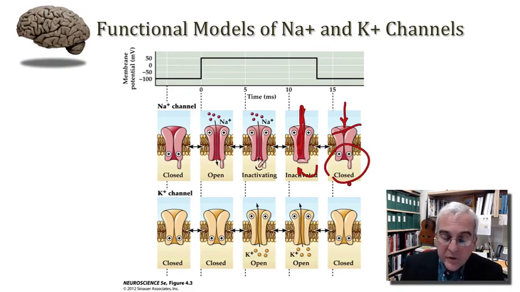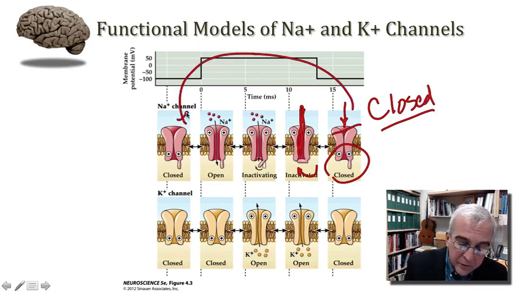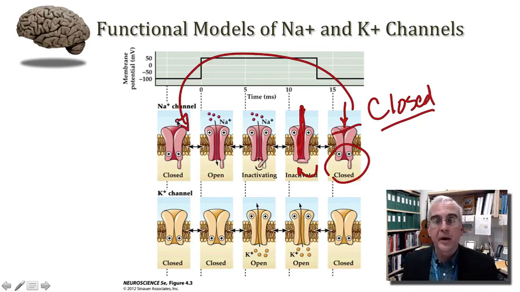So when the channel for sodium is back to its closed state, we are now outside of the absolute refractory period. It's possible for this channel to open up again. That is, it's possible for this channel to re-enter a cycle that will allow for channel opening and the influx of sodium.